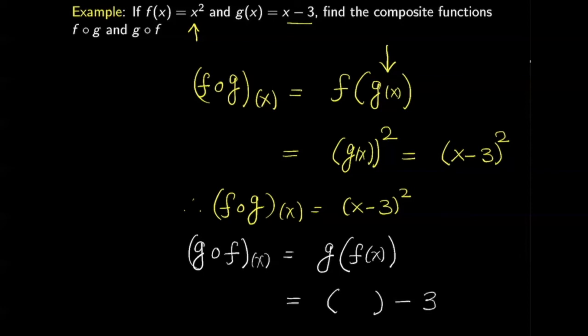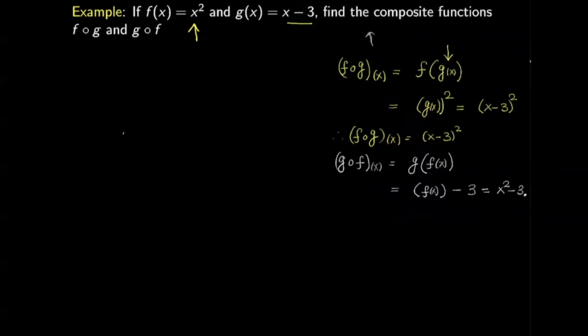I will take x as a placeholder because this is how the function g is defined, and place the function f in that placeholder. So if I now plug in the value of the function f, which is x square, it will be x square minus 3. So the composition of g of f is defined as x square minus 3.